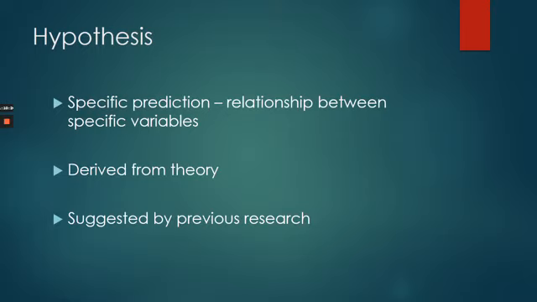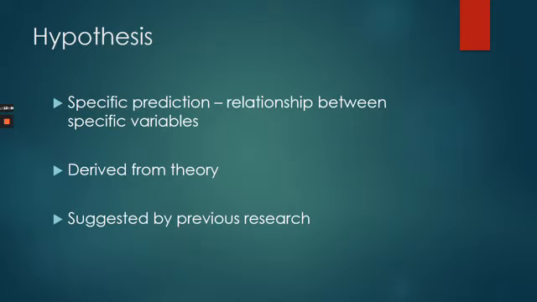And then the last part of your introduction, and we'll get to this later on, you're not doing this yet, so don't worry, but we're talking about hypotheses. So hypotheses are specific predictions. And what's nice about this class is I can say refer to your statistics class. So in your statistics class, for every stat that you ran, you should have had a null hypothesis that you're testing with the stats, and then you had an alternative hypothesis.